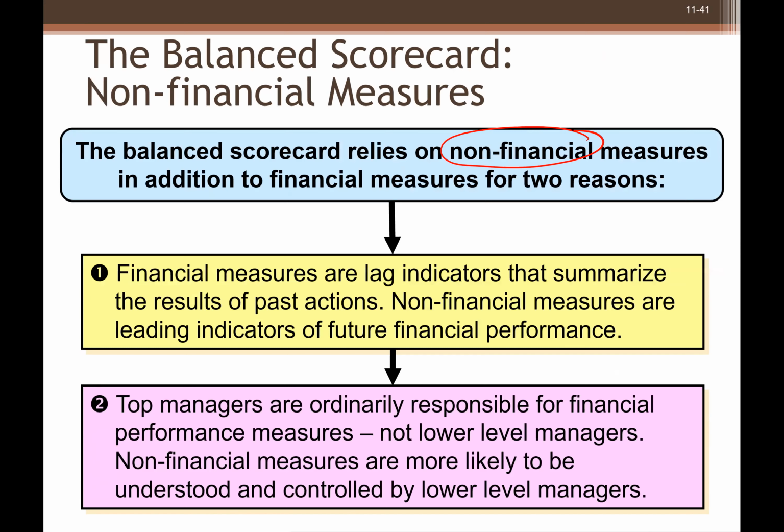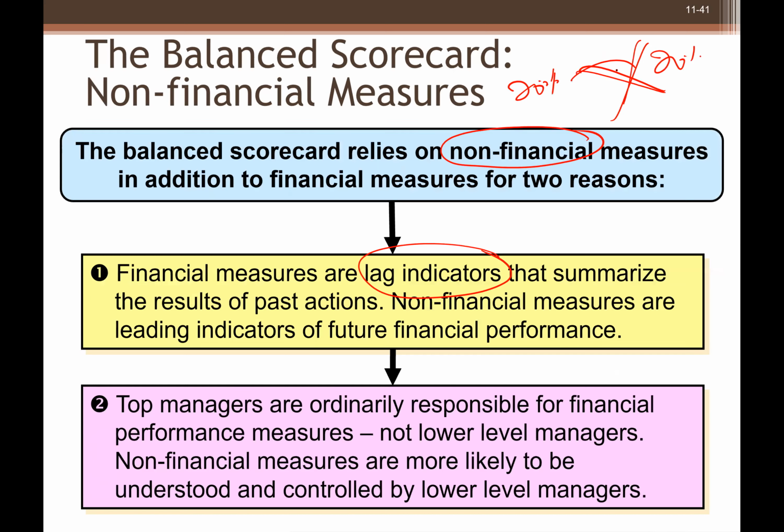And what are the reasons? Number one, financial measures are lagged indicators. It means they don't guarantee the future performance. If this year you sell 20,000 cars and you earn 20% profit, does it guarantee that you will also earn 20% next year? Answer is no, right?